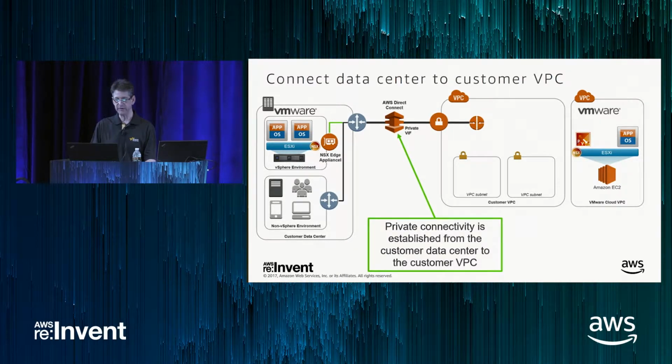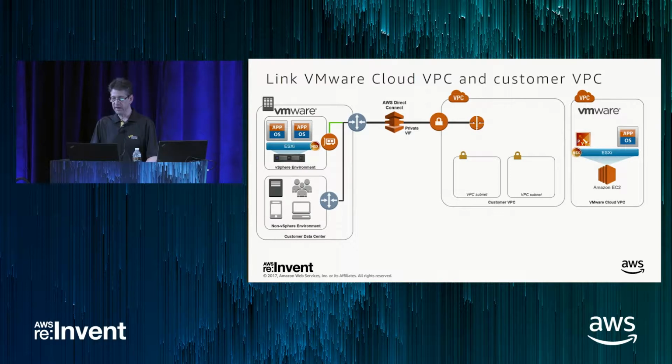We use Direct Connect, and we'll connect that NSX Edge appliance through Direct Connect and through a private VIF, which will connect you to the private services on the AWS side. I'll talk about accessing public services like S3 and DynamoDB, and I'll also talk about internet connectivity from both halves in a little bit.